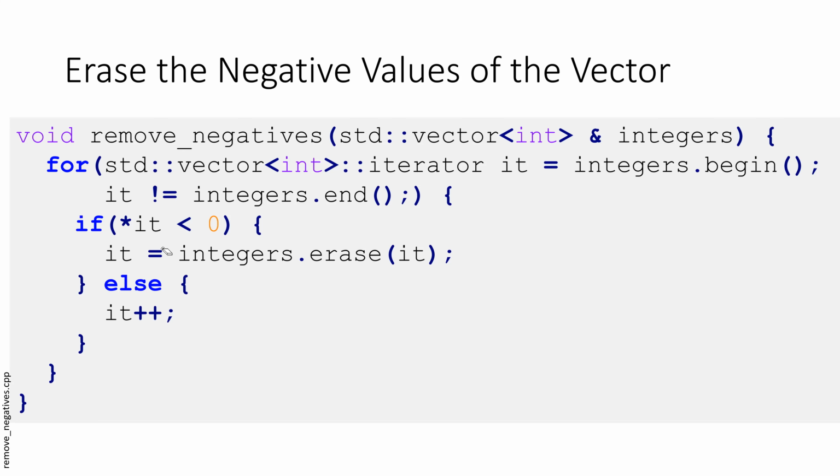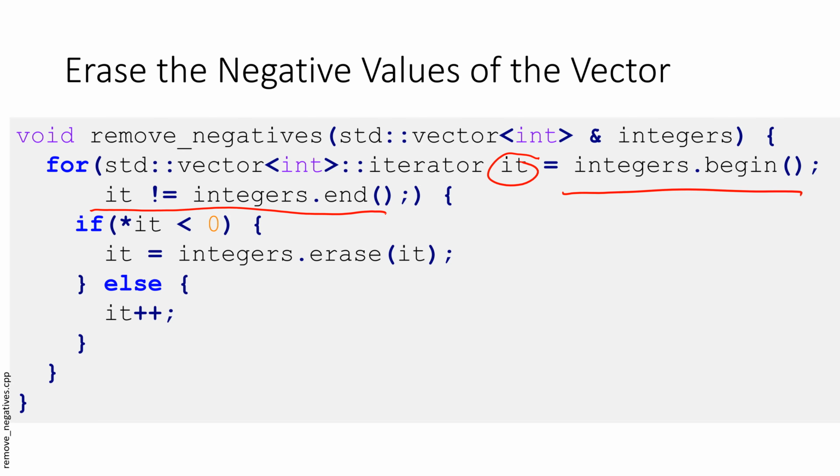Now I want to do something where I actually do need iterators. I want to remove the negatives. Here's a new function. I pass in my vector of integers again, by reference, which means I can change it and the changes will affect the caller. I'm going to iterate through again, so I declare my proper type of iterator, make it point at the beginning, and keep going until I'm at the end.